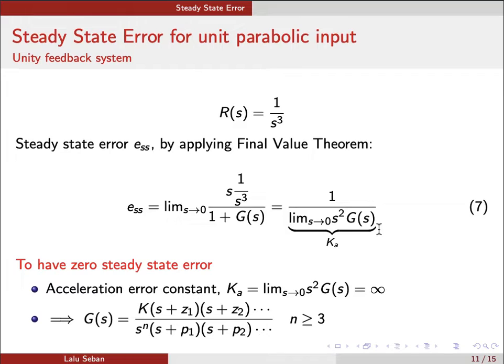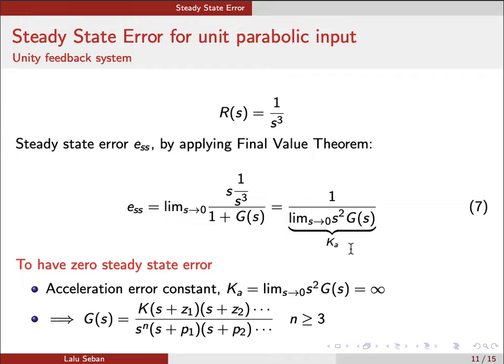Now again, to have 0 steady state error, this denominator part should be equal to infinity. So before that, this denominator part, that is limit s tends to 0, s square into G of s, we will call it the acceleration error constant, Ka. So there is a difference between Kp positional error constant, Kv velocity error constant, Ka acceleration error constant.